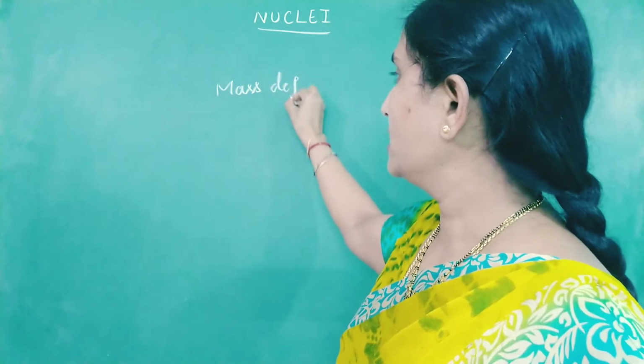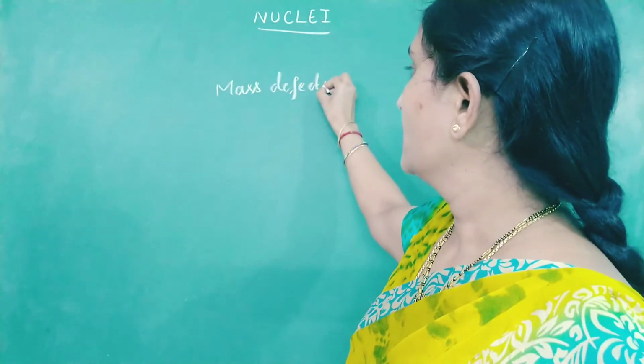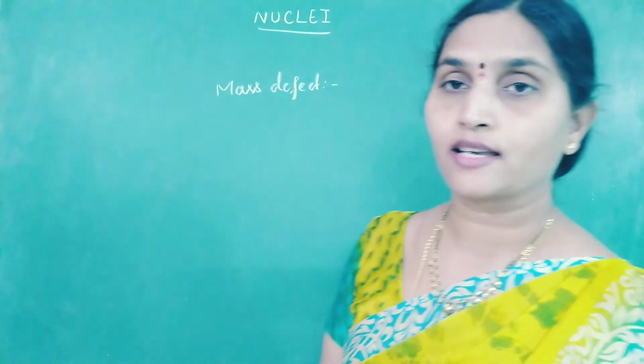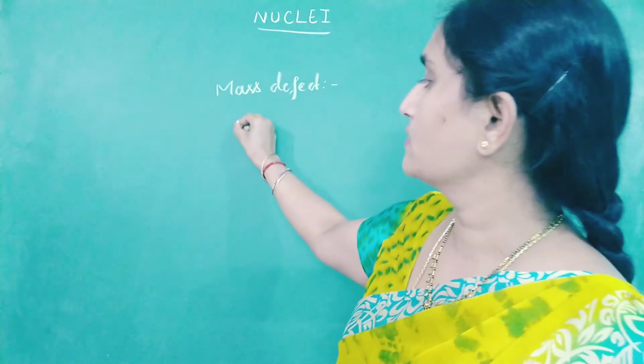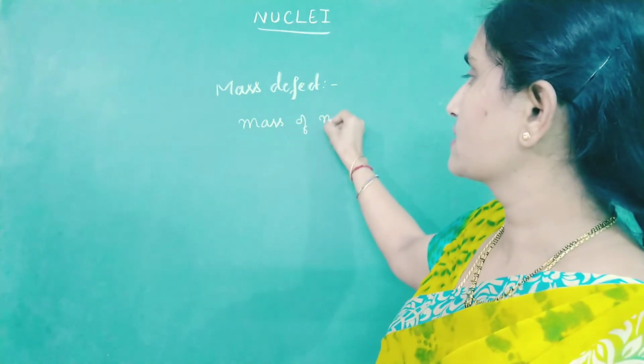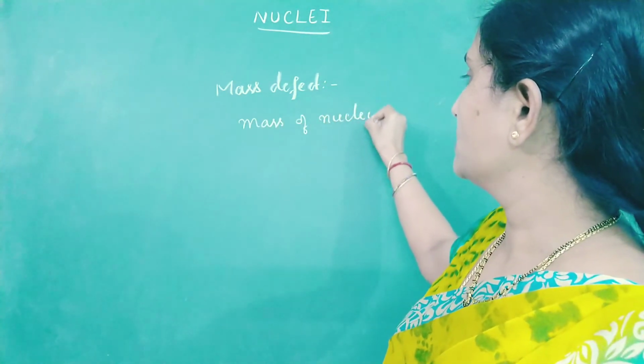It was practically observed that if you calculate the mass of nucleus, as I told you in the last class, the composition of the nucleus is protons and neutrons.